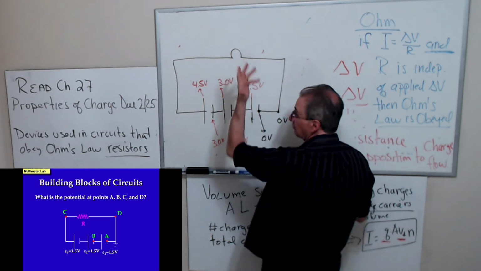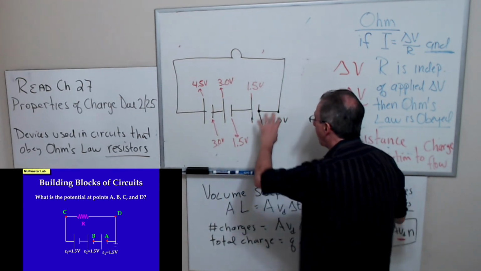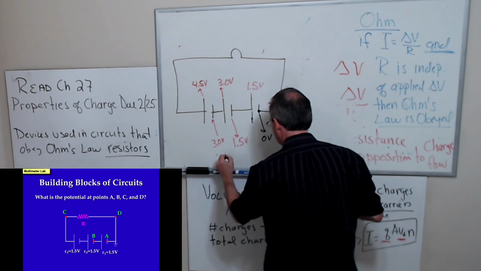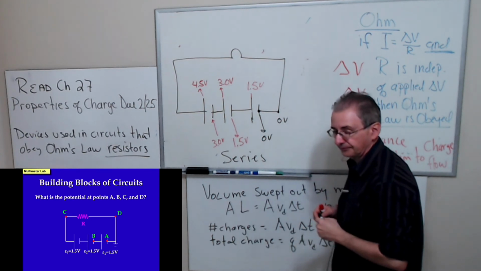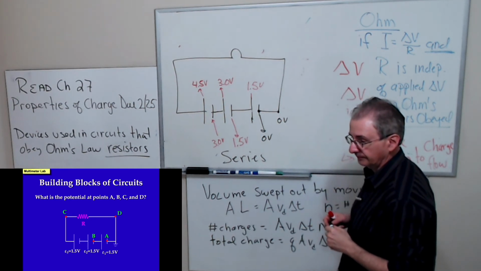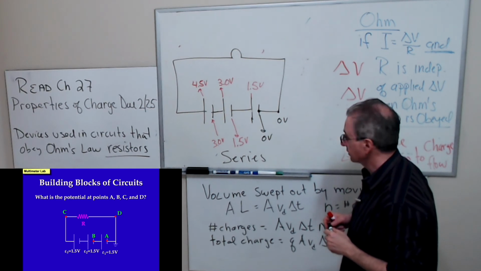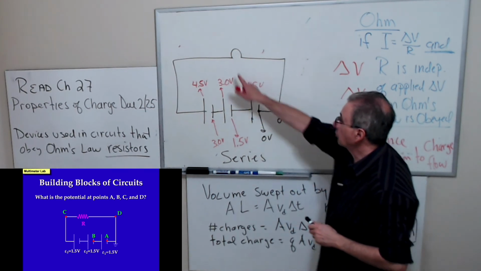And guess what? The light bulb is going to be brighter. These power supplies are connected in series. Okay? Those power supplies are connected in series. And this will be brighter.